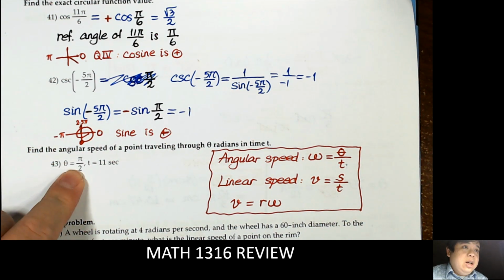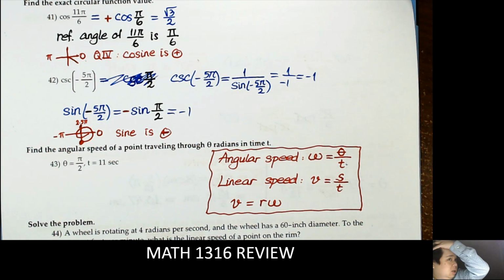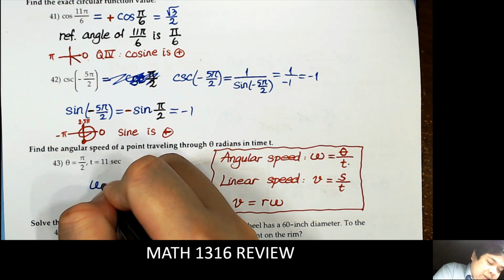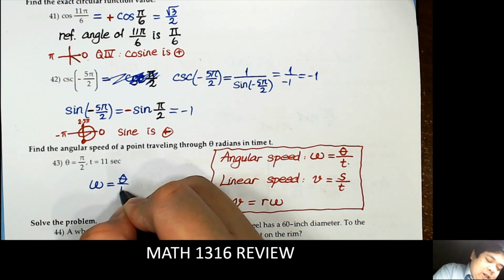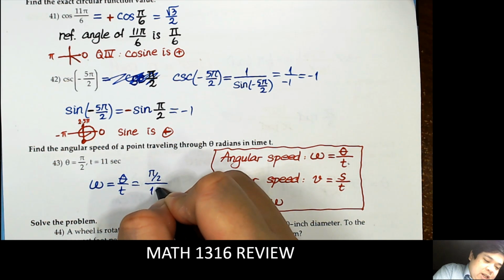So that's what we have. The angle is in radian already. If there's no unit, it is in radian. Find the angular speed. So this one's straightforward. Omega is equal to theta over t. Theta is pi over 2 divided by 11 seconds.